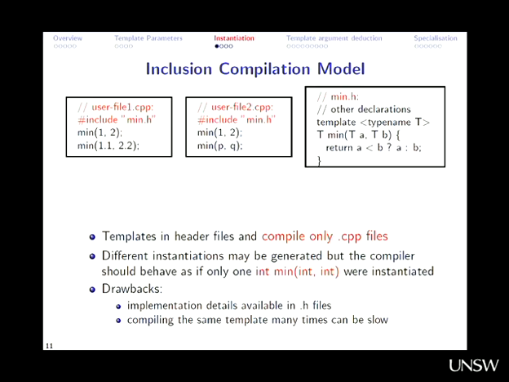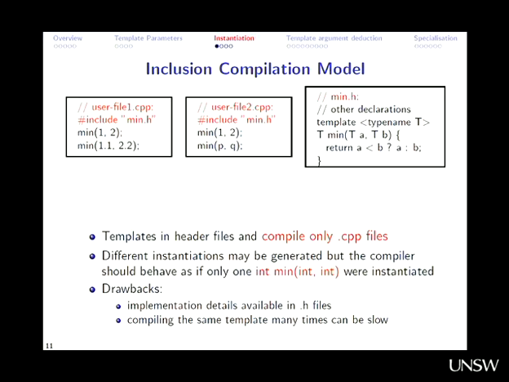So, how we've been compiling up until this point is still how we'll probably continue to work, but the .h files need to have the definitions of the functions, not just the declarations, because these are prescriptions. What this means, though, is the implementation details are available in our .h file.